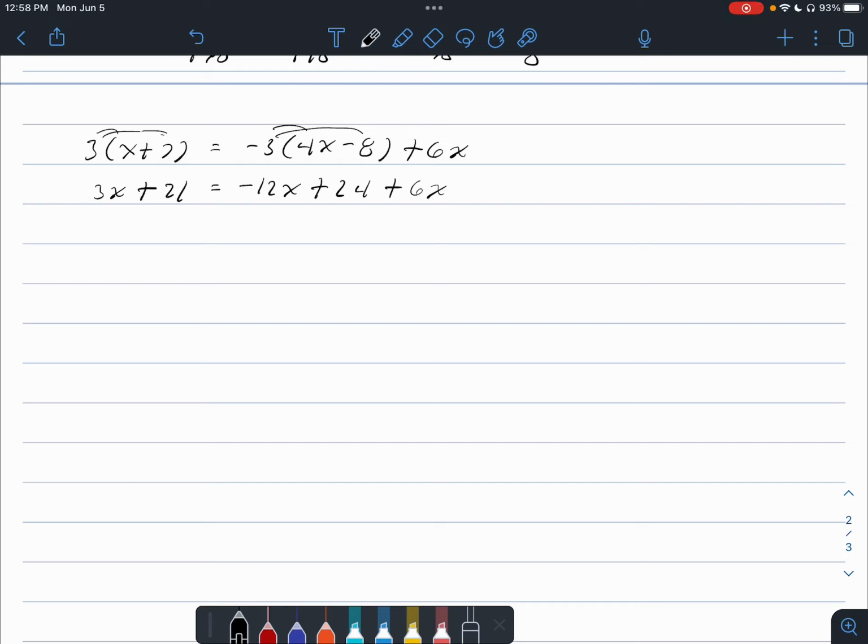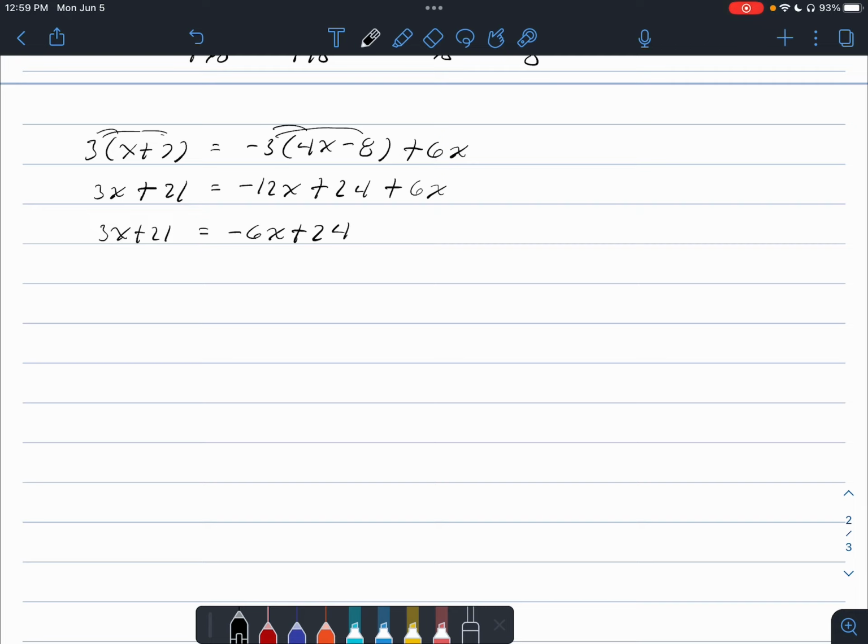Cool. So now let's go ahead and combine like terms. The left-hand side looks like it's about as simplified as it's going to get, at least for now. The right-hand side, we have a negative 12x and a positive 6x. So negative 12x plus 6x will just give us negative 6x. So this will become 3x plus 21 is equal to negative 6x plus 24.